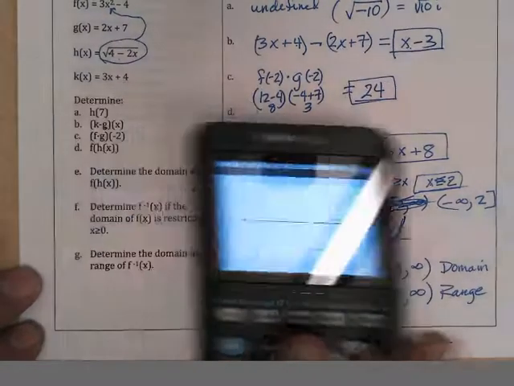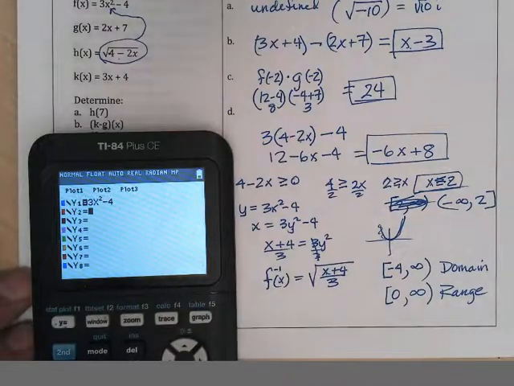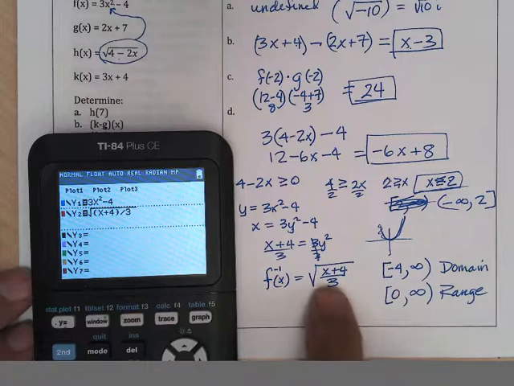And if we do its inverse, square root of x, let's see, parenthesis, x plus 4 divided by 3.